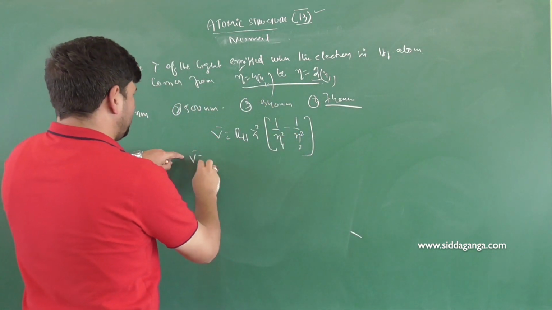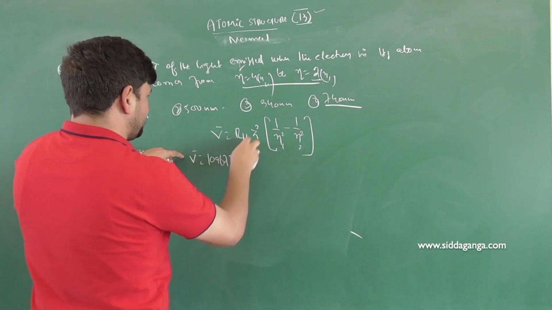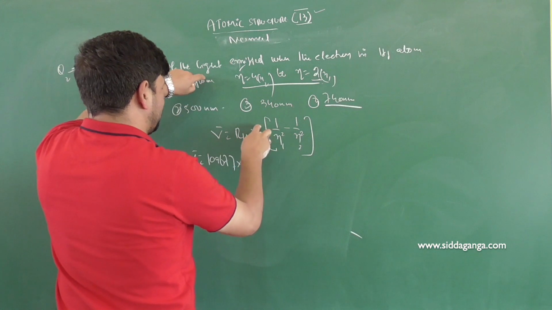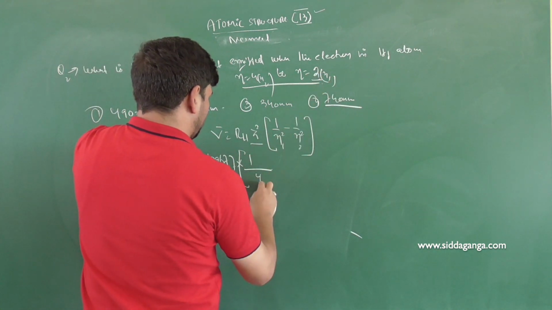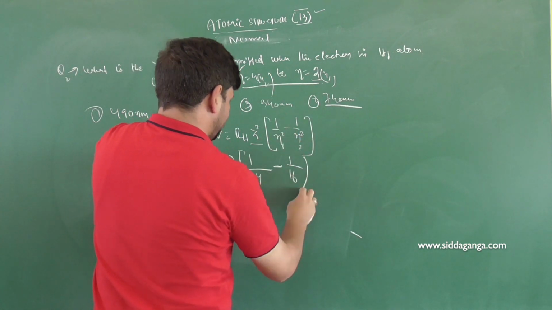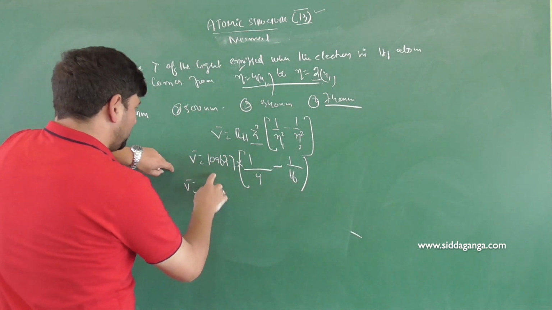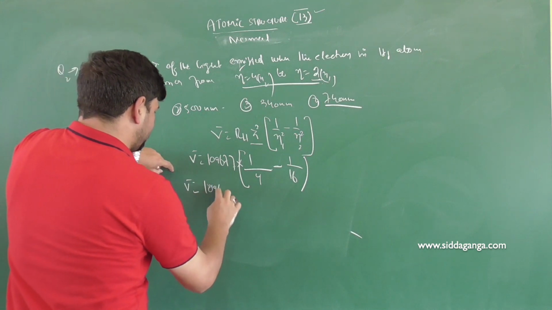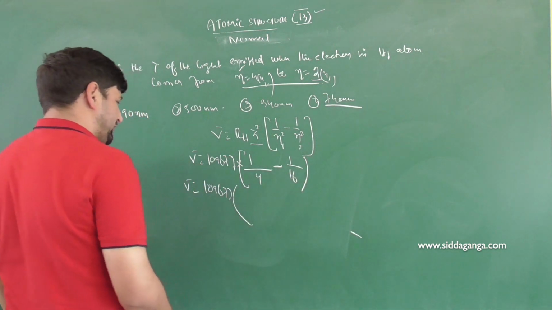So wave number will be equal to RH, 109,677 centimeter inverse, into Z square, because the atom is hydrogen, Z will be 1, into 1 by n1 square, which is 1 by 4, minus 1 by 16. Am I clear? So wave number will be equal to 109677 into 1 by 4 minus 1 by 16, you can find out the value respectively.